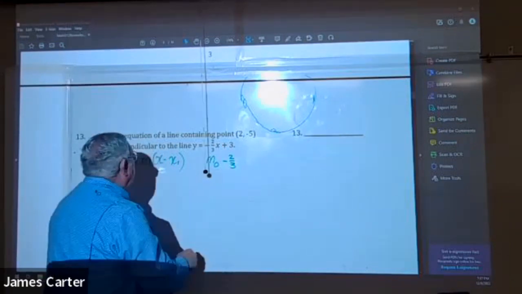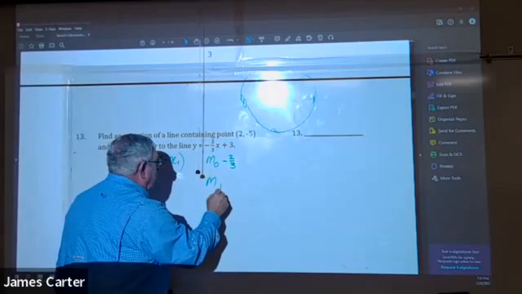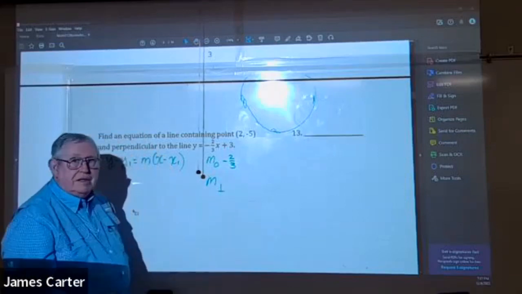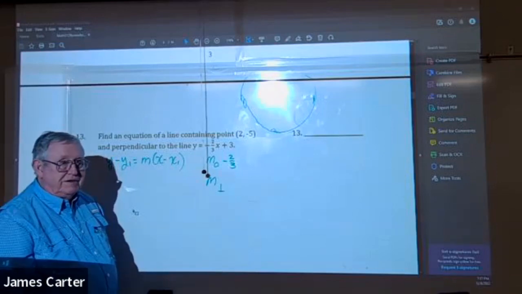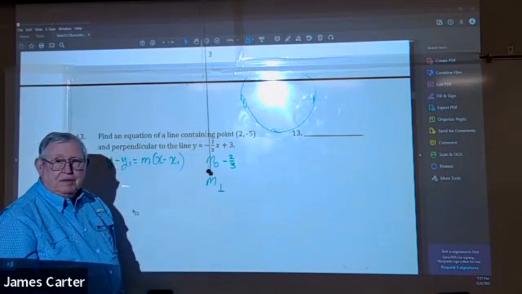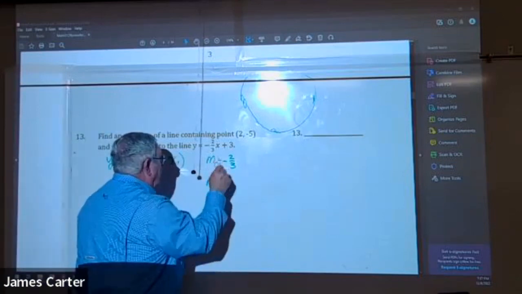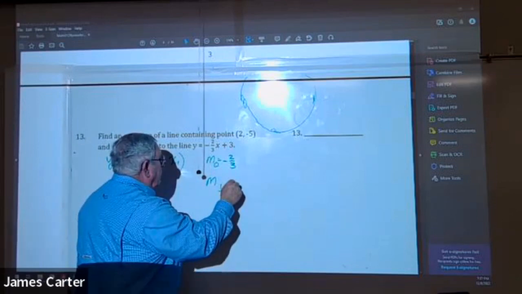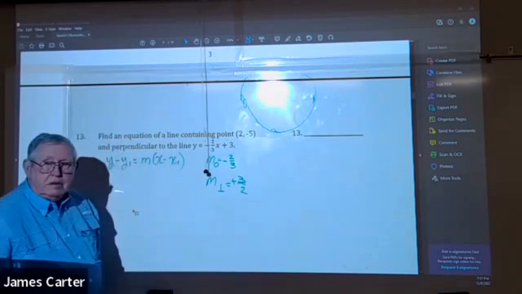Our perpendicular slope, notice how I'm labeling this to myself, original slope, perpendicular slope, is going to be +3/2.